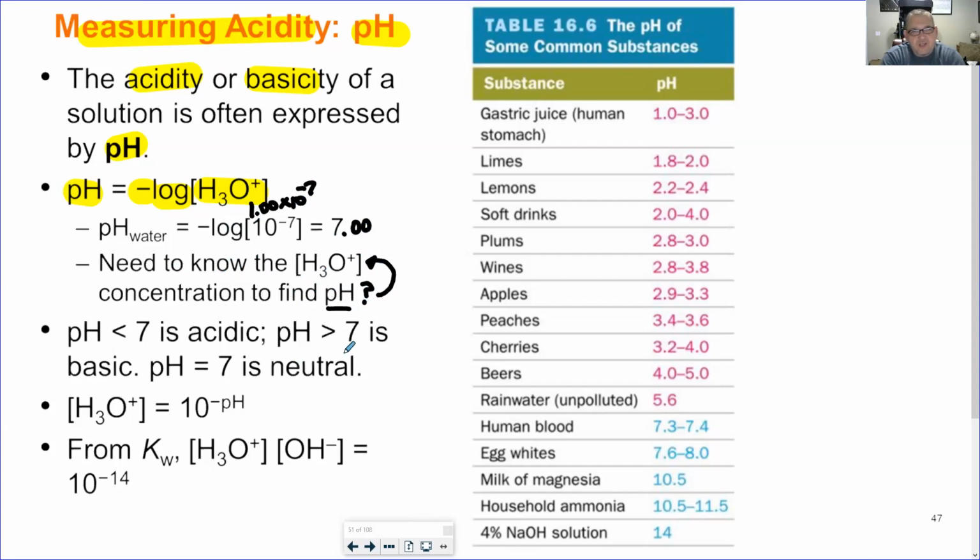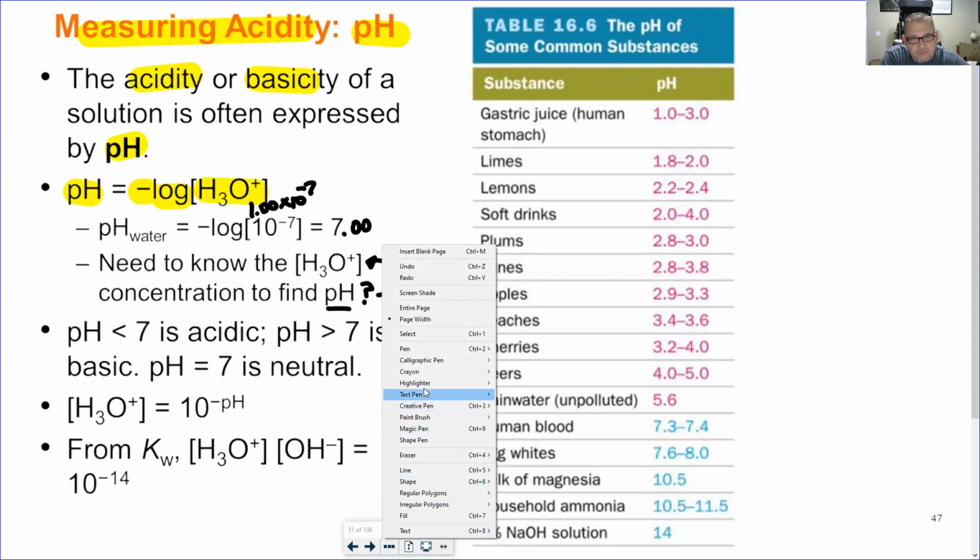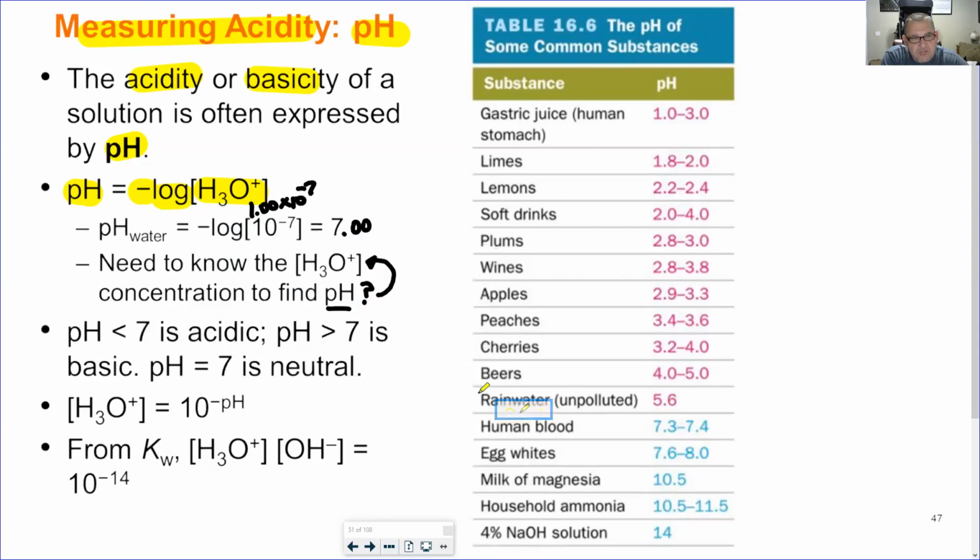Now, if we go back and compare to our acidic and basic nature, and those definitions that we just put forward, if something has a pH of less than 7, it's defined as acidic. If something has a pH of greater than 7, it's basic. And if pH is equal to 7, it is neutral by pH.